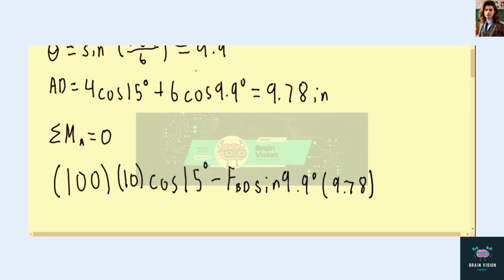And what we can do with this is set it equal to 0, and then solve for this F of BD term.